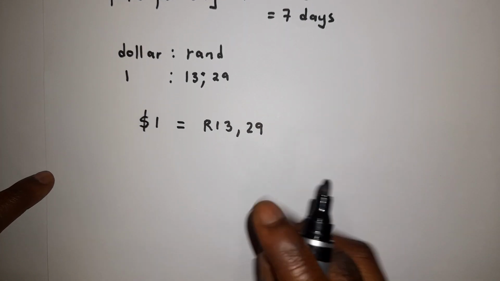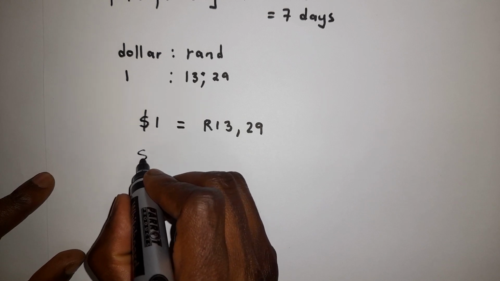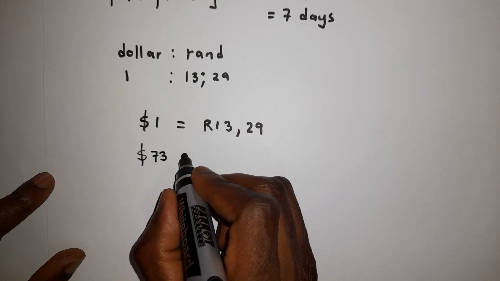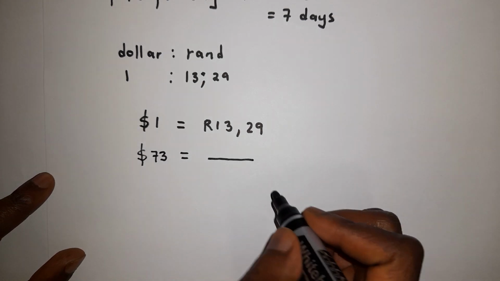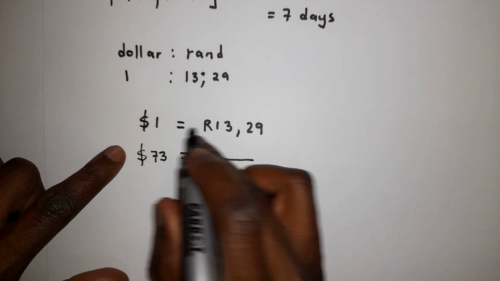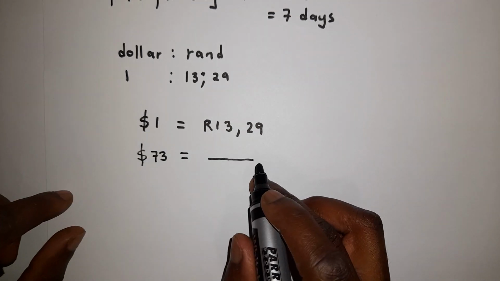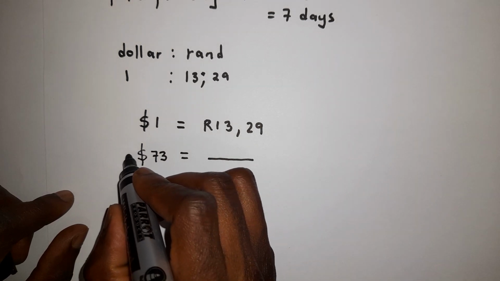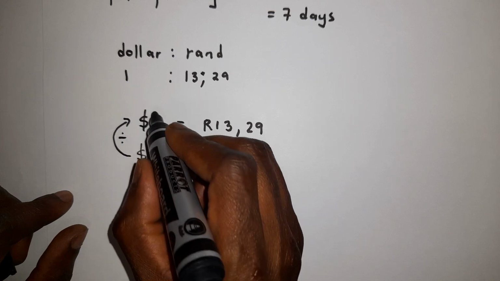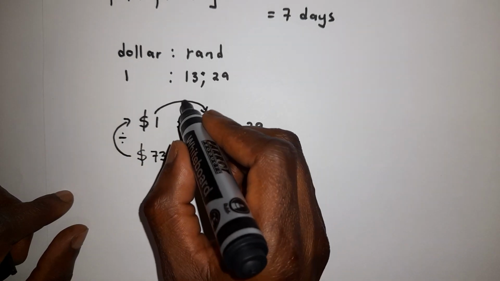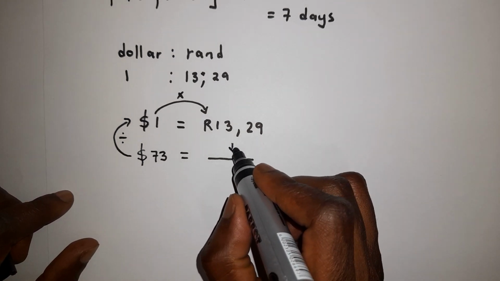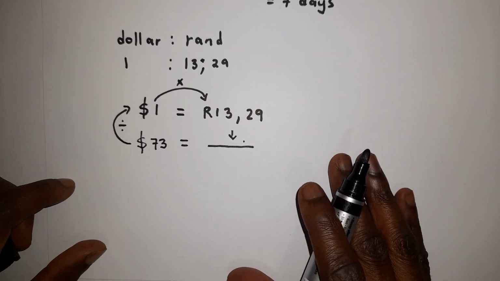So we have $73, and then we wish to know how much that is in rands. Always write down the information that you have, then write down the missing information below. Then to move from this one to this one, you will divide, and then moving across, you will multiply. And the answer that we'll get is going to be the answer in South African rands.